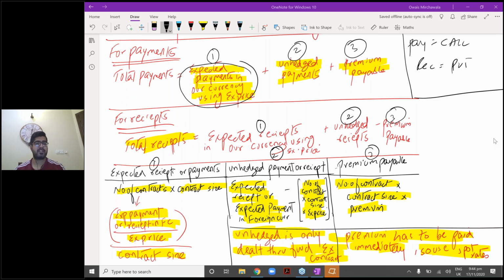Some petty amount will be left. That is called unhedged. Premium has to be paid immediately, therefore we use spot rate. And no, you cannot hedge it through currency futures, because currency futures is also standardized. It can only be dealt through forward exchange contract.